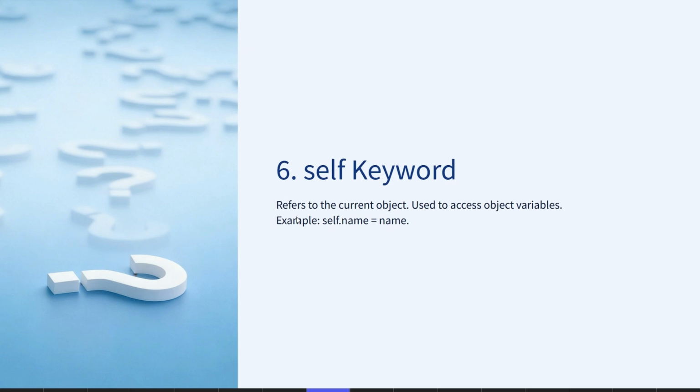Now let's talk about the elephant in the room. Okay. Self, beginners often find this confusing. Imagine I hand you a blank name tag and say write your name, and you write it on your tag, not on mine. So self acts like that tag. It allows the code to distinguish between this specific object's data and another object's data. When we say self.name is equal to name, we are saying save the name value into this specific object's memory.